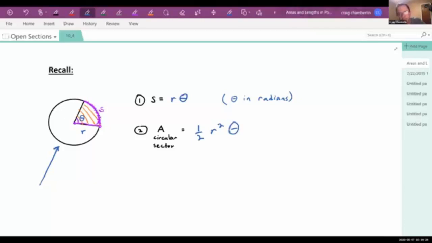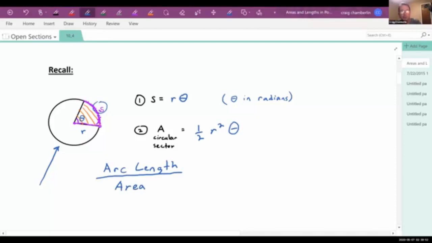So how do you verify that formula? One way you could do it is you could think about the ratio of arc length to the area associated with that arc length.